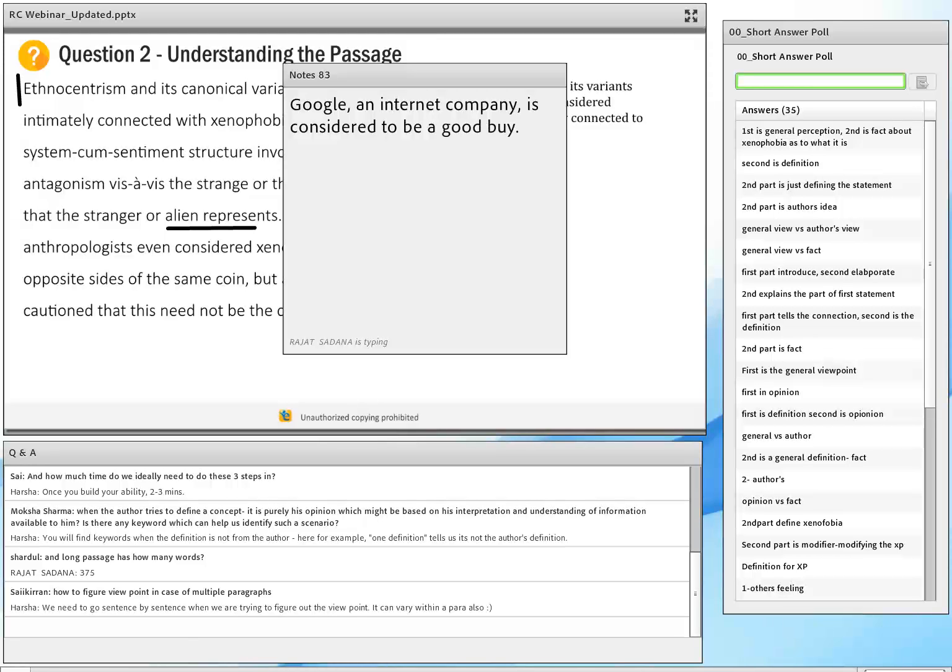When you look at this part, Google, an internet company, or the top internet company, whatever I could put in over here, this is something the author is saying, but whether it's a good buy or not is something the author might not agree with. But what the author is telling you as a fact is that Google is an internet company.